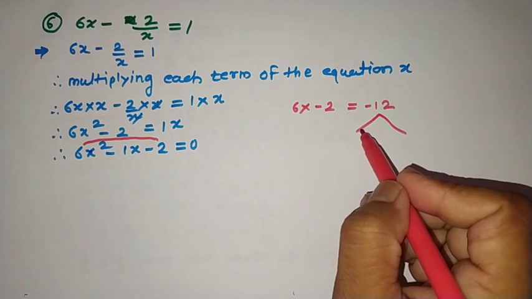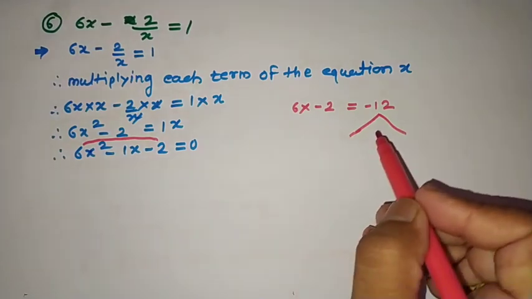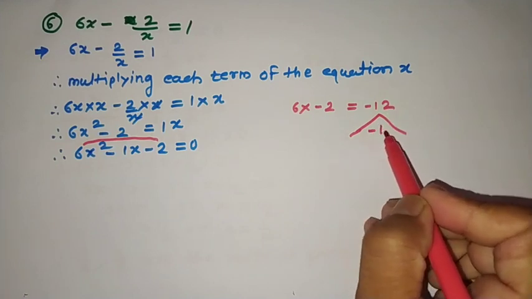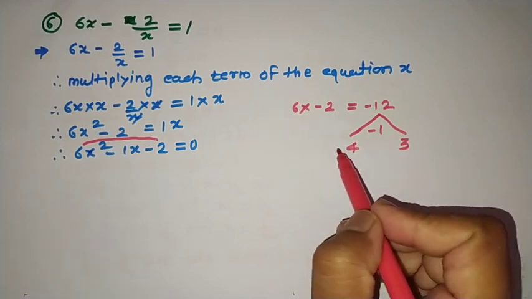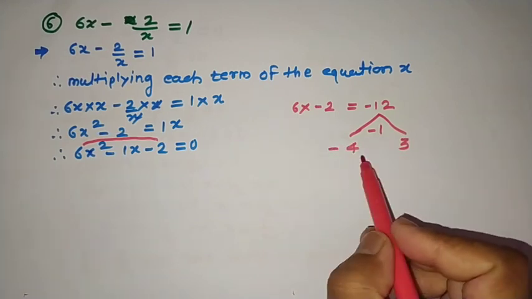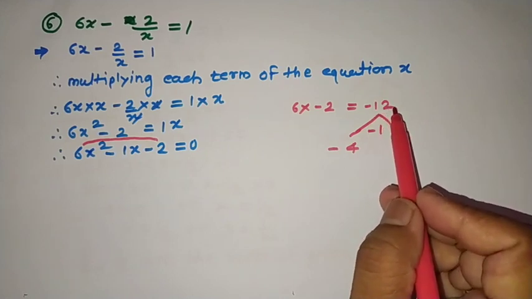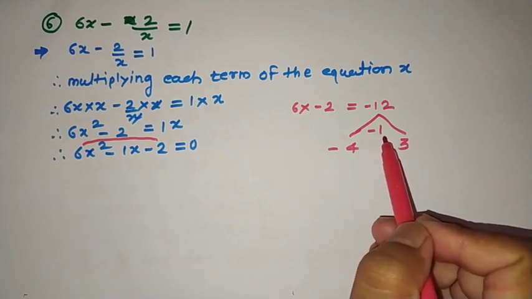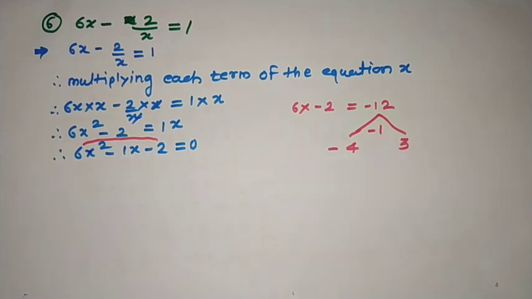Find two factors of minus 12 whose multiplication is minus 12 and whose sum is minus 1. 4 threes are 12, but 4 is minus because the multiplication sign is minus, and the sum of the two numbers is equal to minus 1. Minus 4 plus 3 is equal to minus 1.